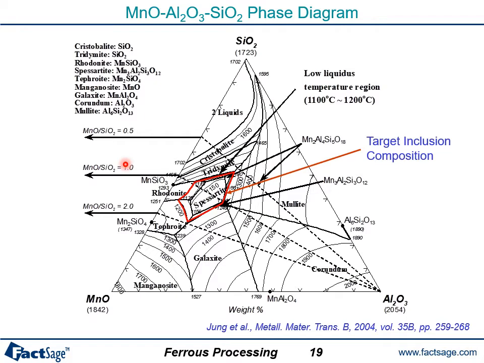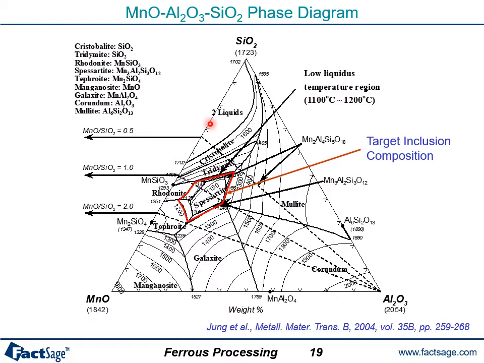For example, even when you do the MnSi deoxidation, you have to use ferroalloys like ferrosilicon and ferromanganese, and these alloys sometimes have a very small amount of aluminum as an impurity.